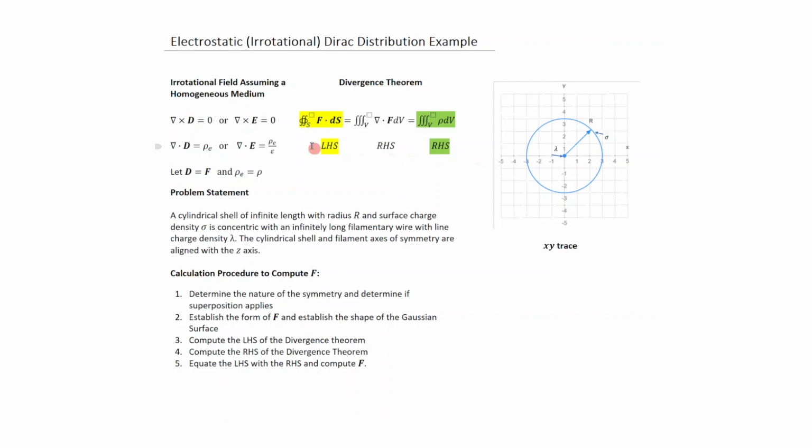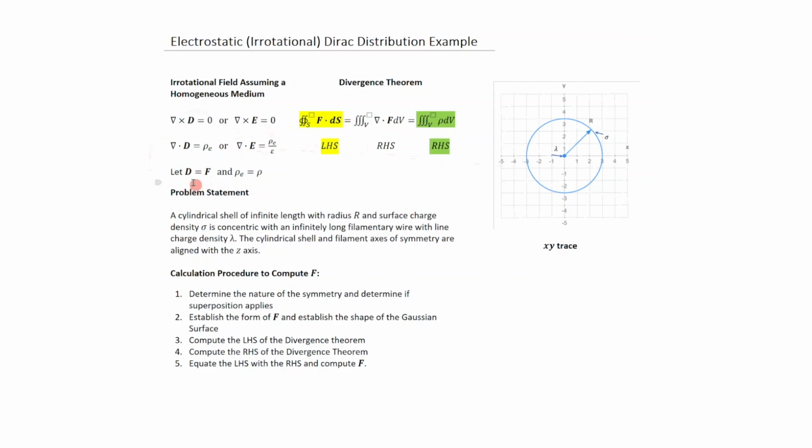And as we saw in a previous lecture, typically we would work with field quantities, and so we could have a displacement vector D, or we could choose a vector E representing electric field, and so we could either use this pair or this pair, right? In our case, to reduce the clutter, we're just going to call D as F, and we're going to call rho subscript E as rho, just to keep things simple.